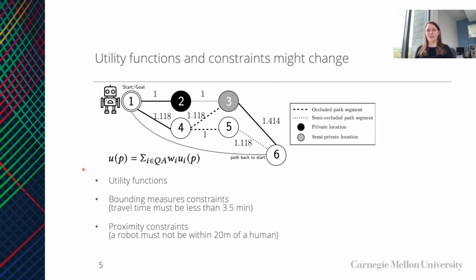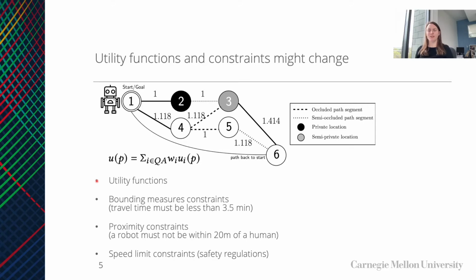Proximity constraints are another example, so that we can express that a robot must not be within 20 meters of a human. We can also express constraints like speed limit constraints due to safety regulations, and bring them together, and with that filter out the policies that are feasible, that fulfill our constraints, and then select the most optimal one based on utility functions.